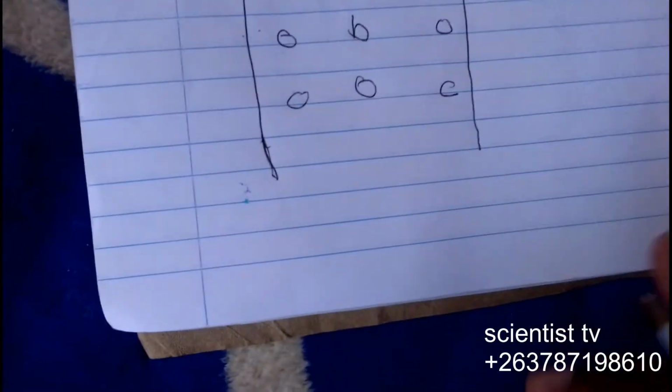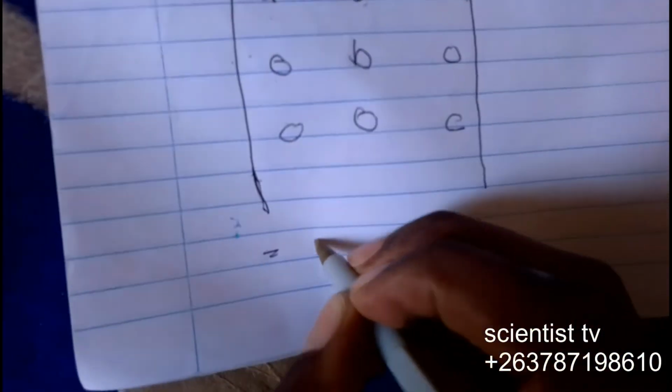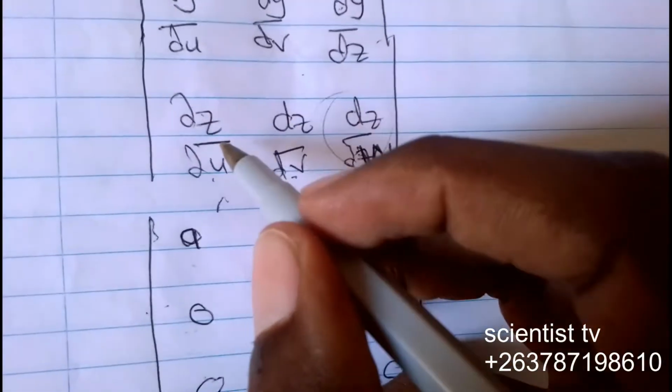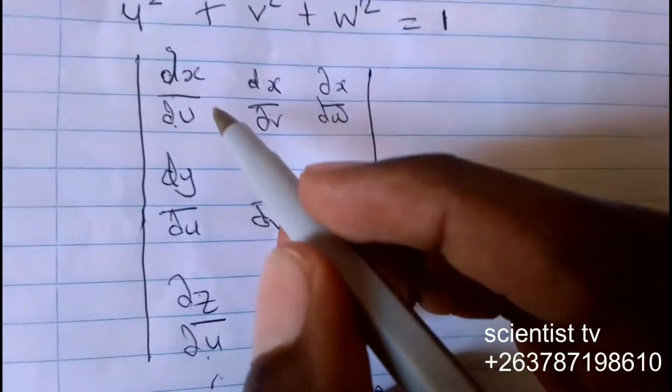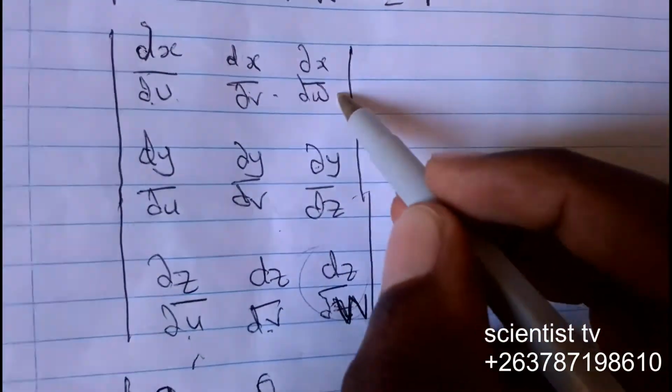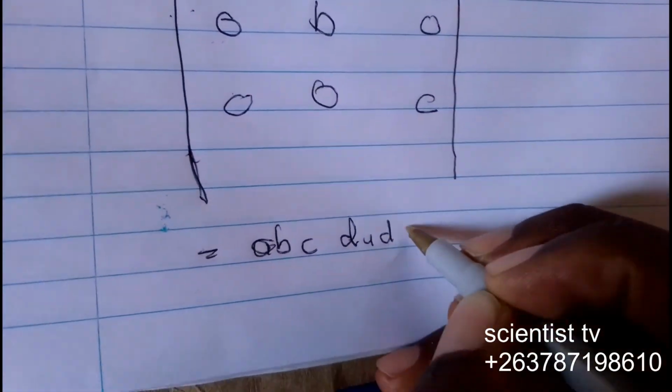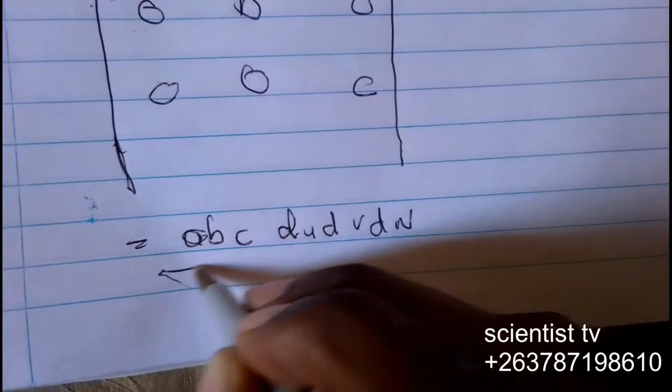The determinant is just equal to abc. We did differentiation in terms of du, dv, and dw, so it's abc du dv dw. That's our Jacobian for this transformation.